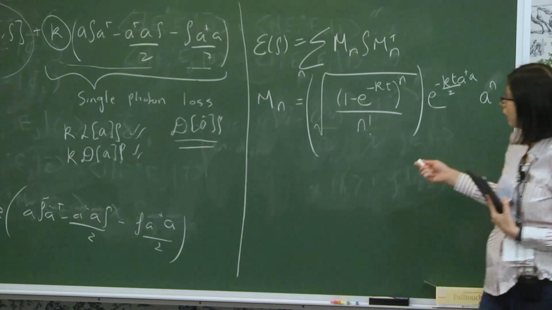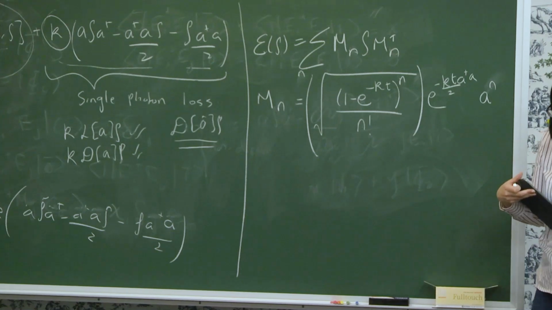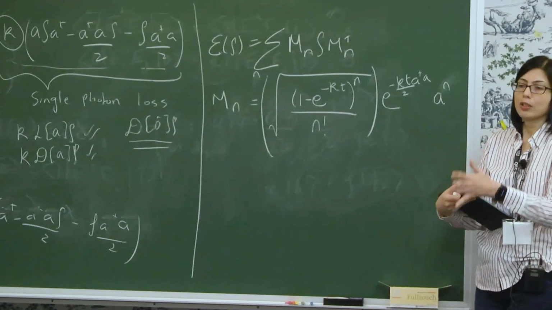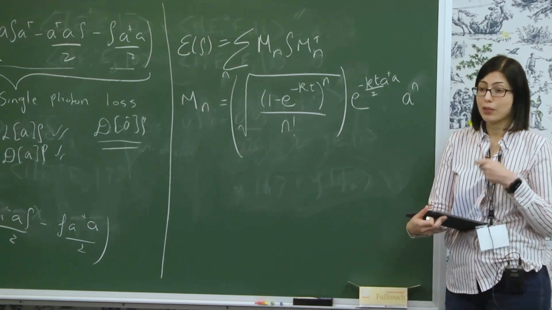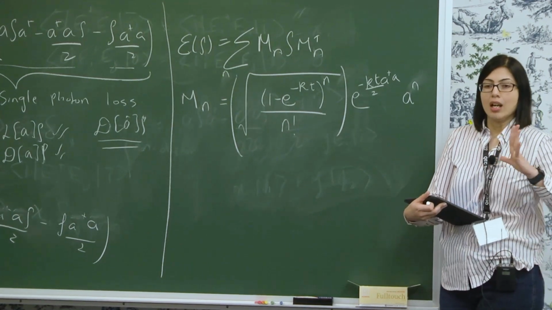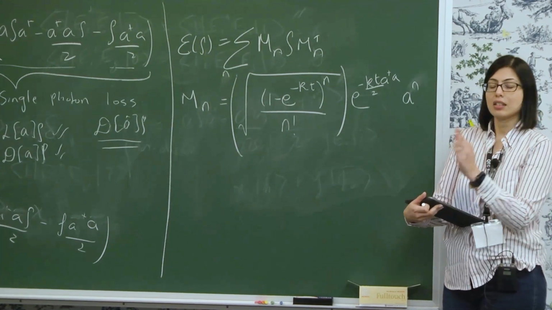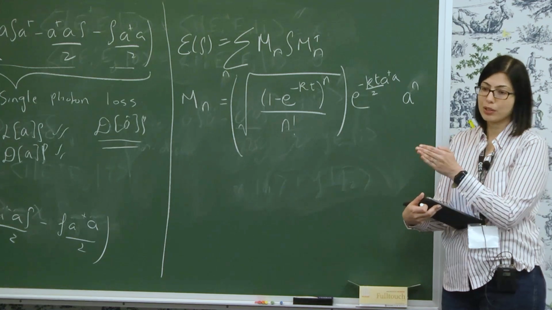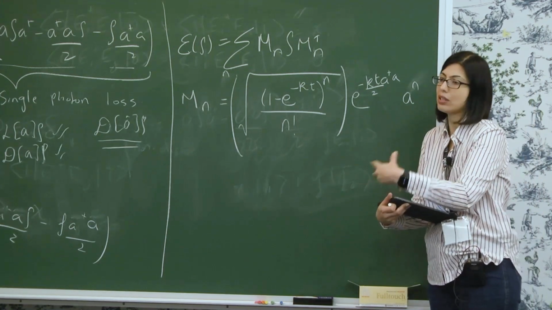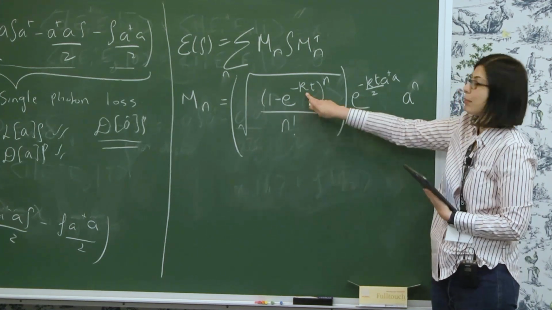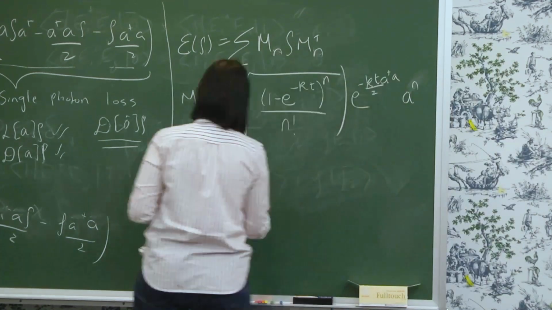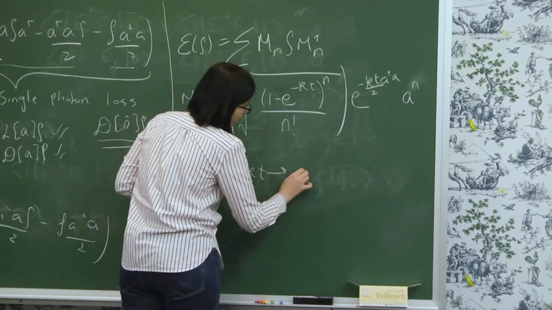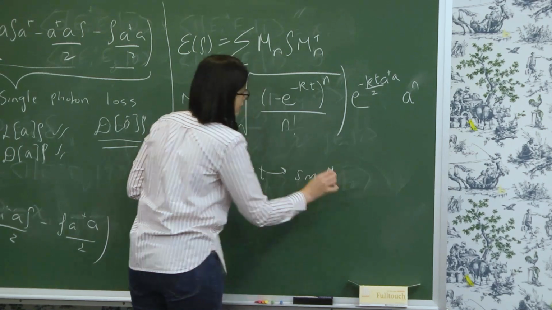Eventually, when you do error correction on the system, you're going to be checking for errors very frequently. That means you're only going to let this system evolve for short periods of time before you check for errors and correct them. That means you're going to assume kappa t to be small, much less than 1.